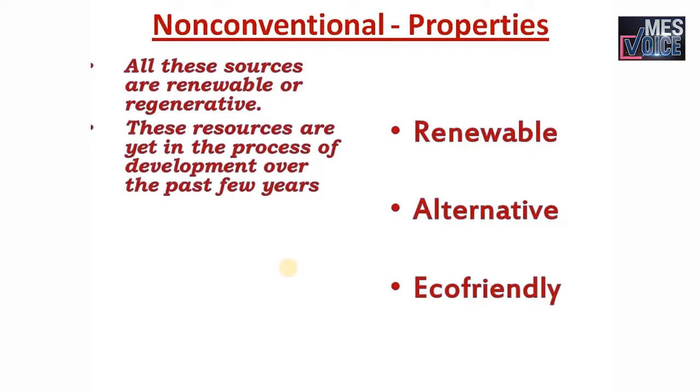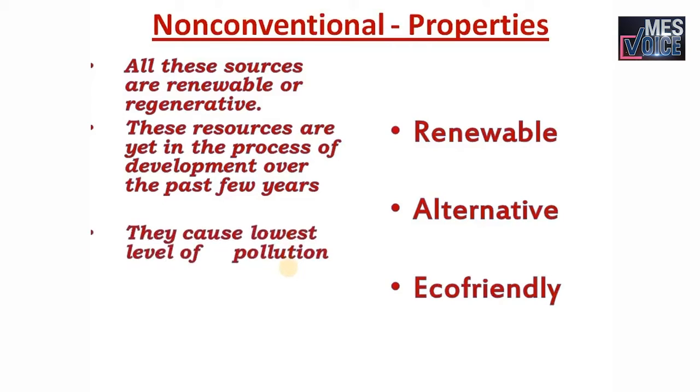And secondly, these resources are still in the process of development over the past few years. That is what I explained to you earlier. They are progressively evolving. New technologies are coming up day by day. So in the near future, we will mostly rely upon such sources once new, better technologies come up.